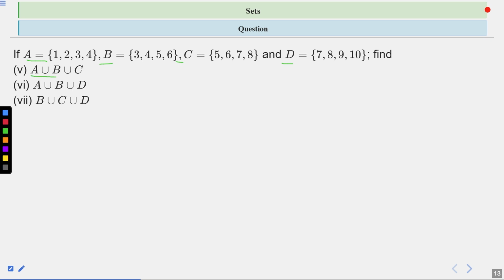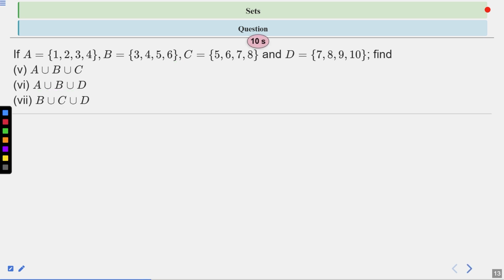We have to find A union B union C, in the 6th A union B union D, and in the 7th B union C union D. If you recall union properties, we have seen that the union is associative, meaning if you first find A union B and then union it with C, you will get the same answer as if you find B union C and then union it with A. It doesn't matter in what order you find the union. The final answer would be the same. Clear?